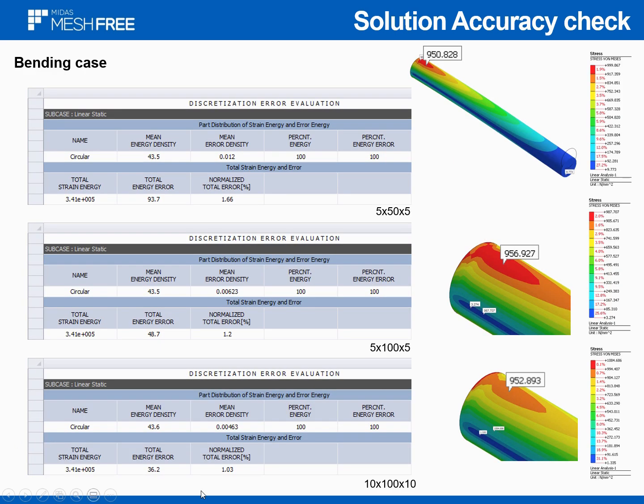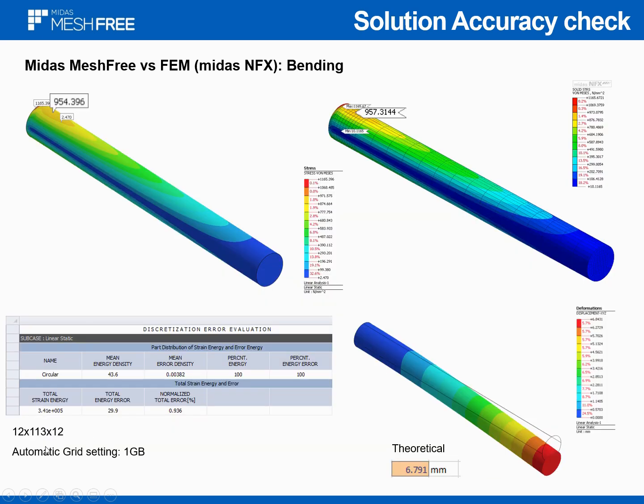My last choice was 10 per 100 per 10, but the computer made 12 per 113 per 12, which is almost the same, and comparing the error, it's almost the same. So my model and the automatically generated model are pretty much the same. The values are the same compared with FEM, the maximums are almost the same, and the deflection is the same. So this statement is correct, and this is the tip for all of you.